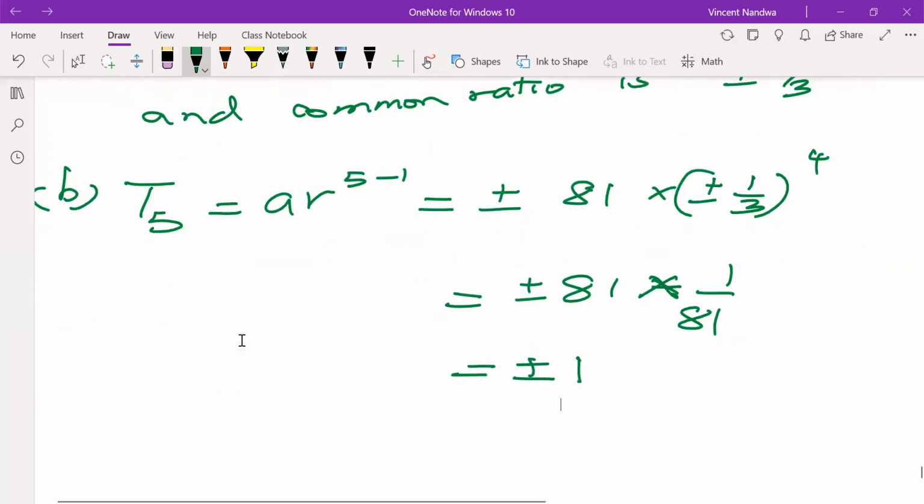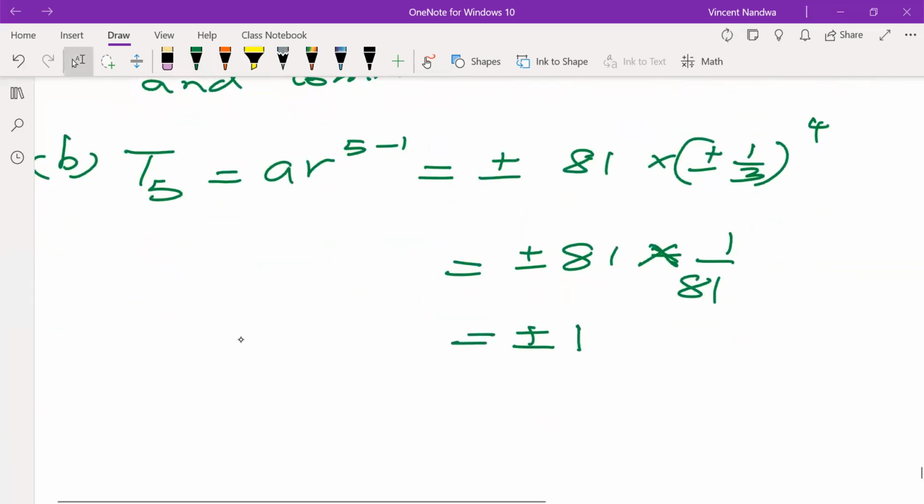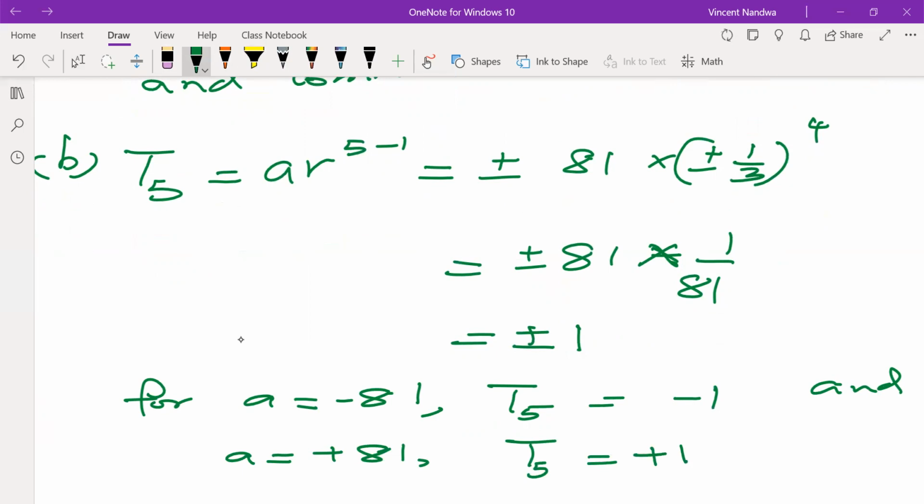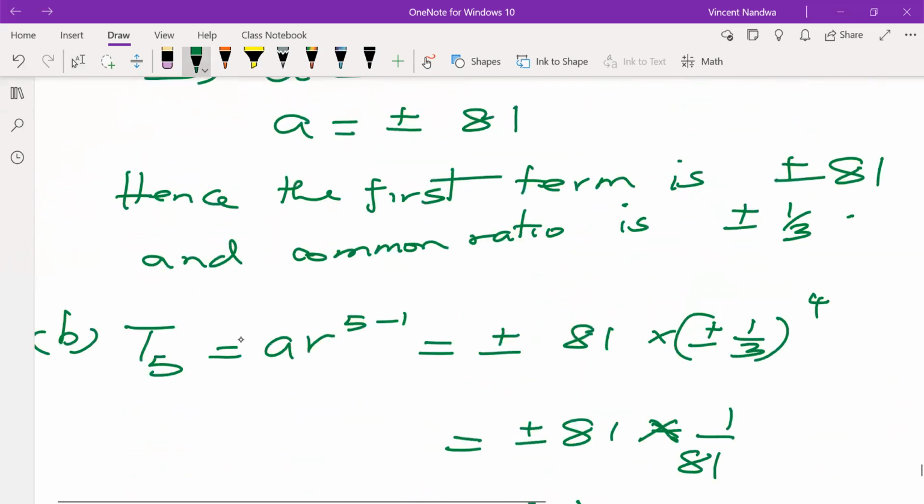So this is the fifth term. For a as minus 81, T5 equals minus 1, and for a positive 81, T5 is positive 1. Ensure that you take care of all the negatives from the point you are taking the square root.